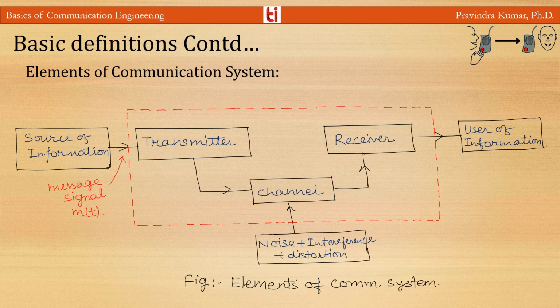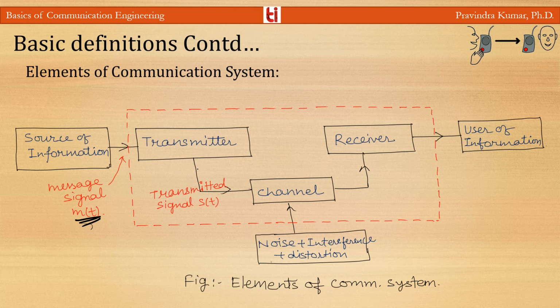So from the source, the message signal that is generated, m(t), can be analog or digital, and for transmission this signal is converted into digital or analog form, a signal that is suitable for the medium. It can be electromagnetic, electrical, electronic, or optical in nature. So the transmitted signal which I convert to is s(t). So message signal m(t) is converted into the transmitted signal s(t) at the transmitter end.